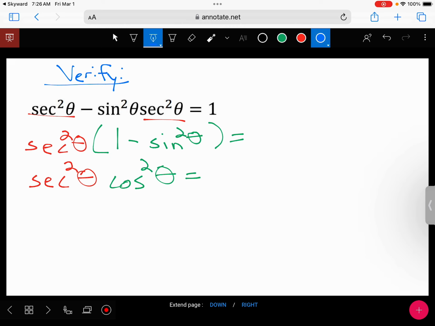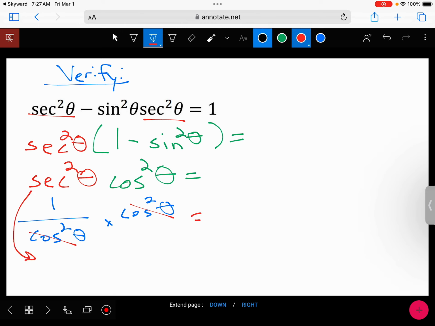If you wanted to write it out as 1 over cosine squared theta times cosine squared theta and cancel them out, that is perfectly good. But if you wanted to just jump from sisters multiplying by each other to say they equal 1, that works too.